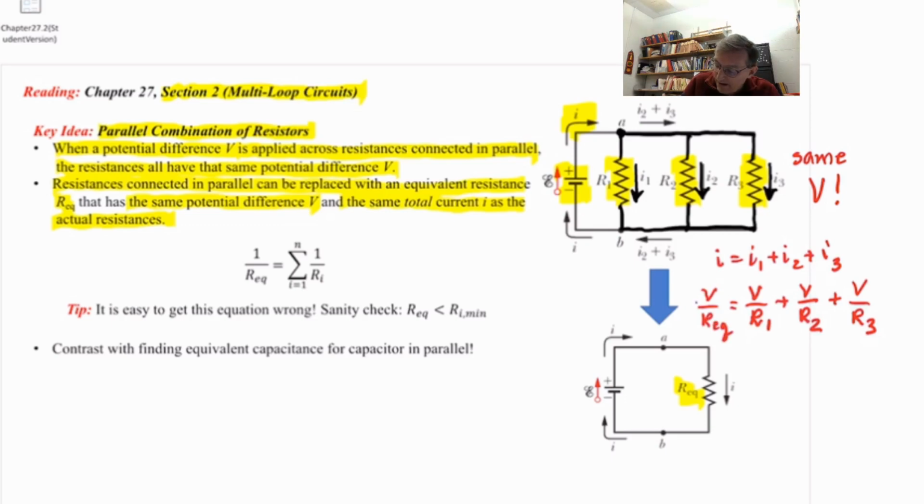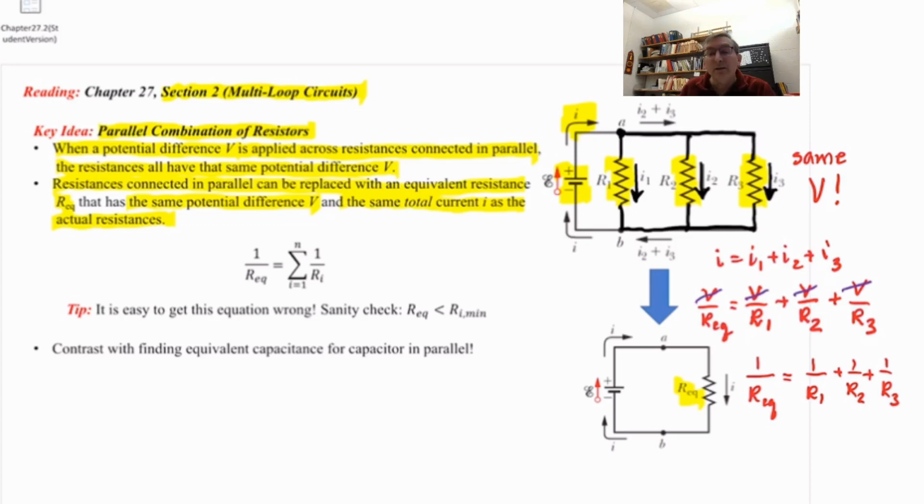Then the V's all cancel out, and you get an interesting little formula for how to calculate this equivalent resistance for these three resistors in parallel. 1 over R equivalent is 1 over R1 plus 1 over R2 plus 1 over R3. So it's an inverse sum rule, an inverse addition rule.